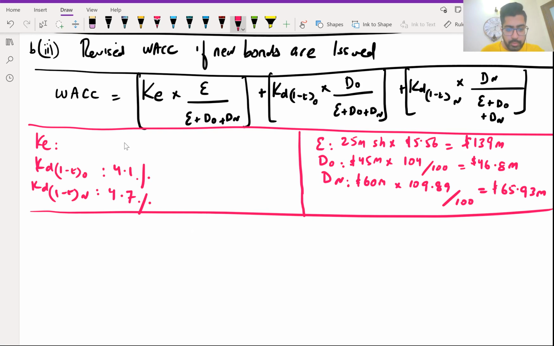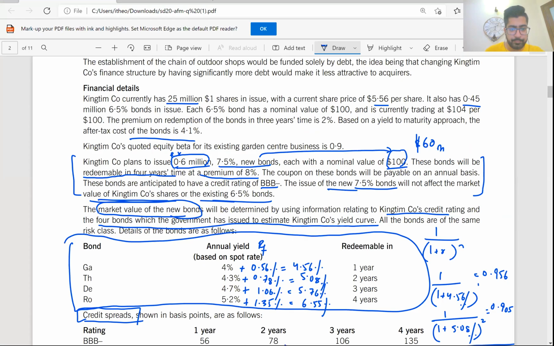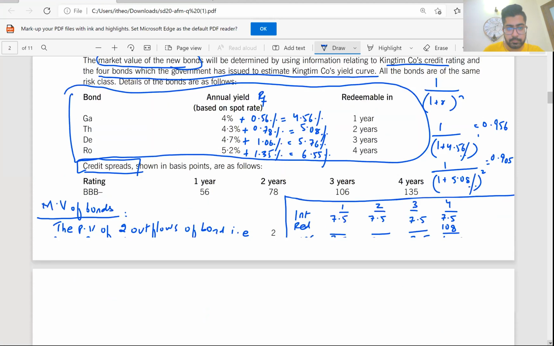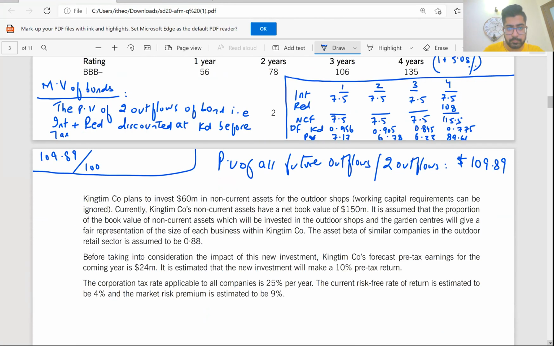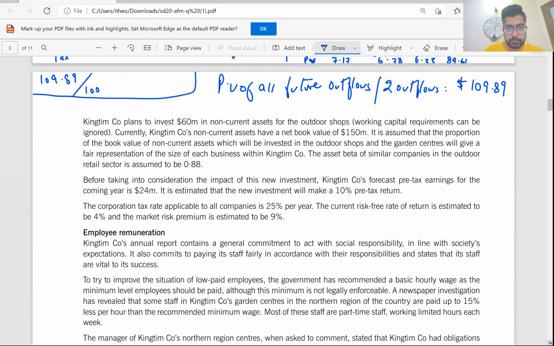Okay, now for the last thing, that is KE. RF plus RM minus RF into beta equity. We all know that.